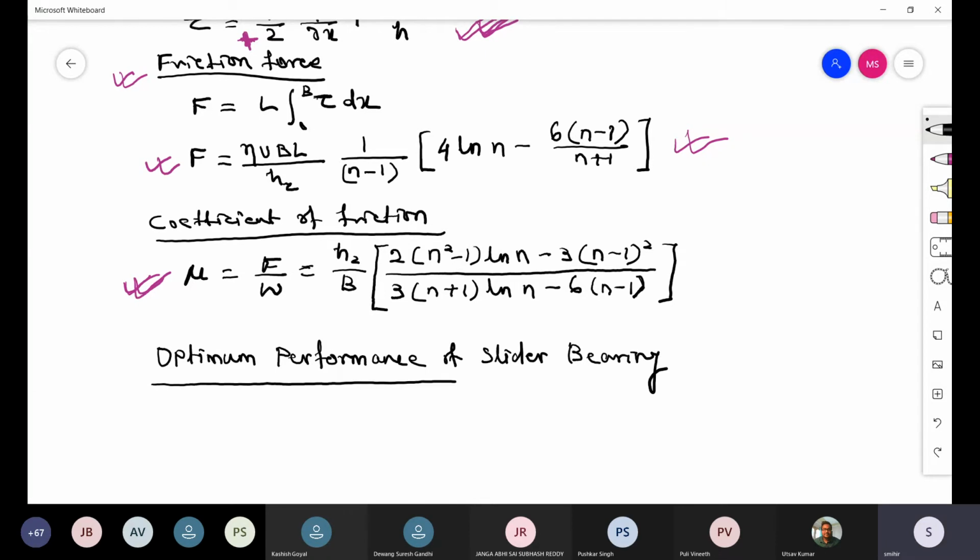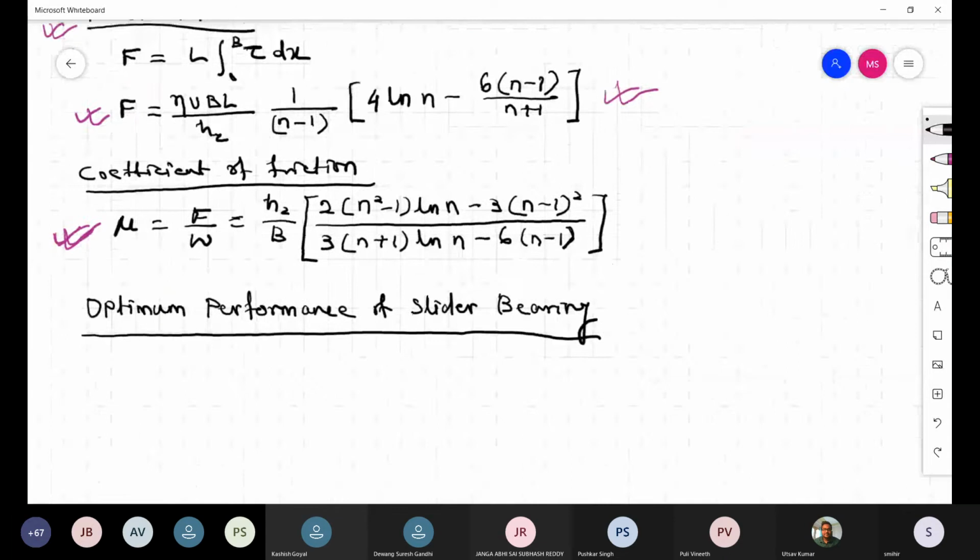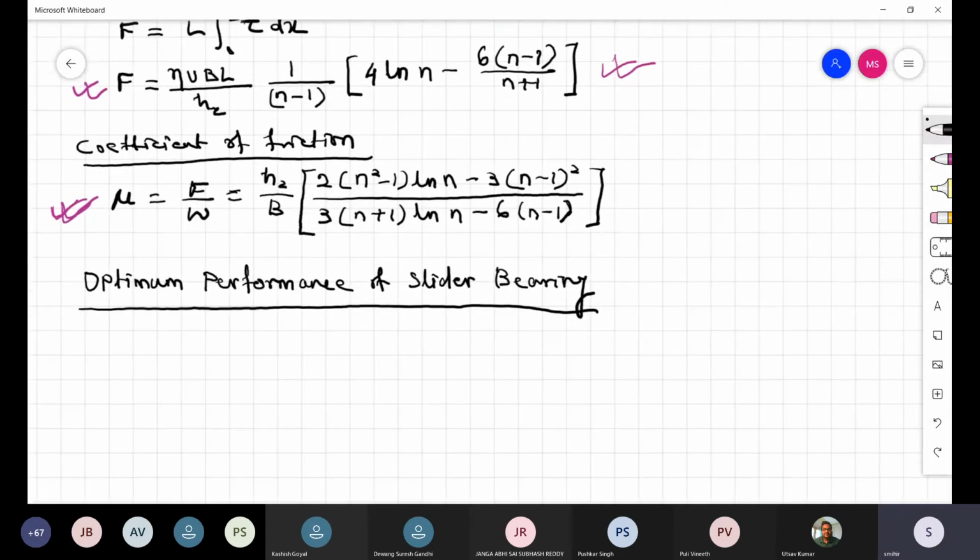How to achieve optimum performance for slider bearing? Let's see. Let's draw the same figure.